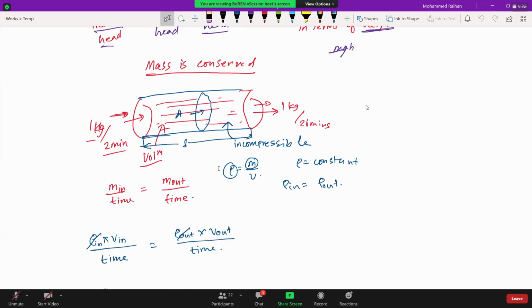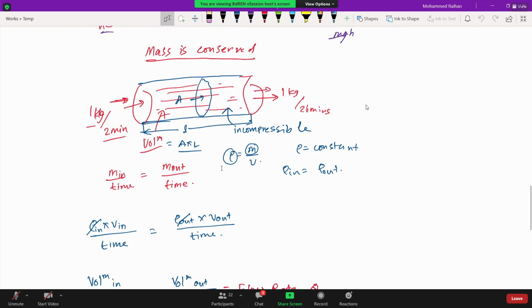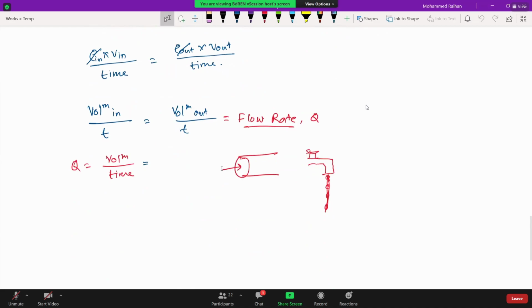Can I say that volume equals area into length? Yes, sir. Yes, pi r square into L. So we can write this as volume equals area into length, divided by time, right?